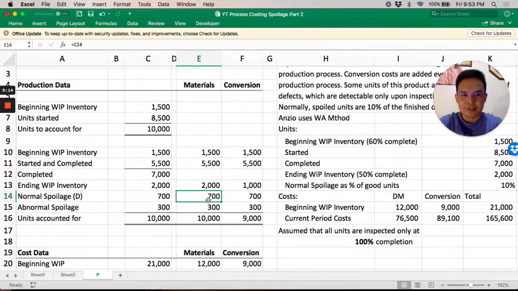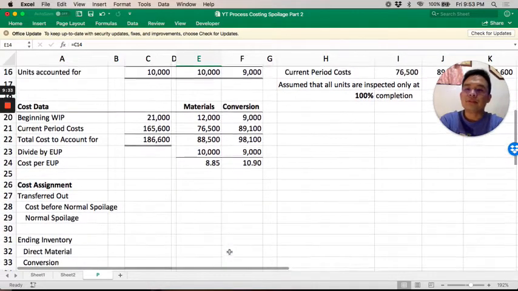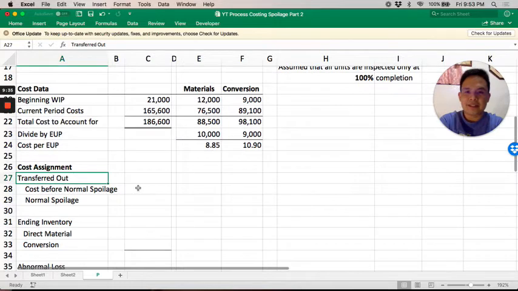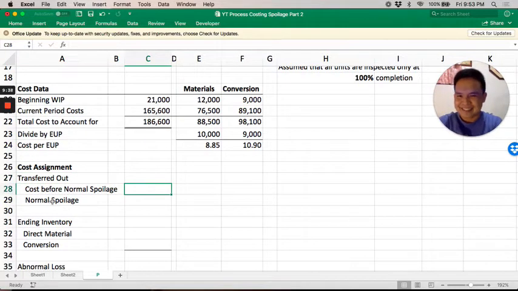In other words, if the inspection point is 100%, lahat ng normal spoilage cost ay papasok sa completed. Again, if the inspection point is 100%, then lahat ng normal spoilage cost ay papasok sa completed. So, ibig sabihin dito sa completed or transferred out, insert na rin natin dyan yung normal spoilage cost.